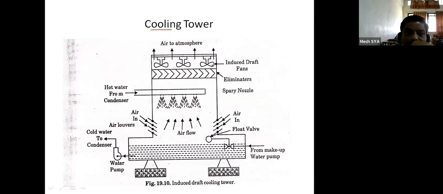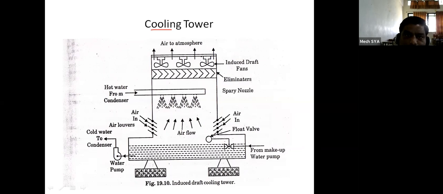So hot water from the condenser is entering at the top, and air is flowing through the air layers. Cooling towers are big constructions, made of steel or sometimes of construction material like bricks. From the top the hot water is sprayed, and air enters from the bottom and leaves to the atmosphere.